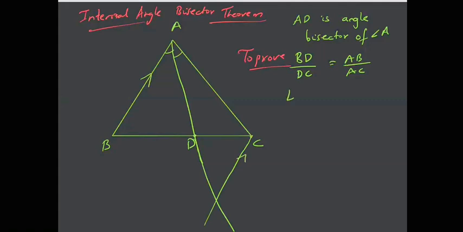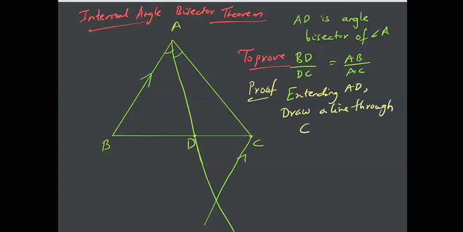So we are extending AD and drawing a line through C which is parallel to AB. Say it cuts AD extended at point E. So, cutting AD extended at point E.